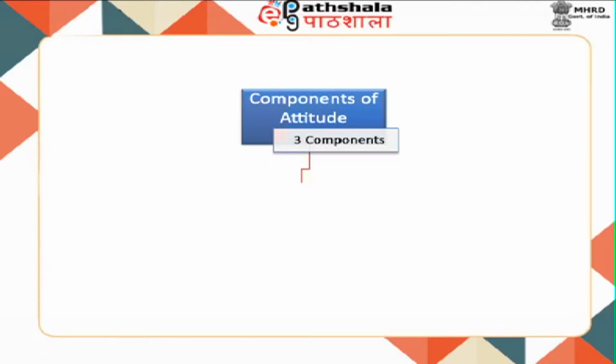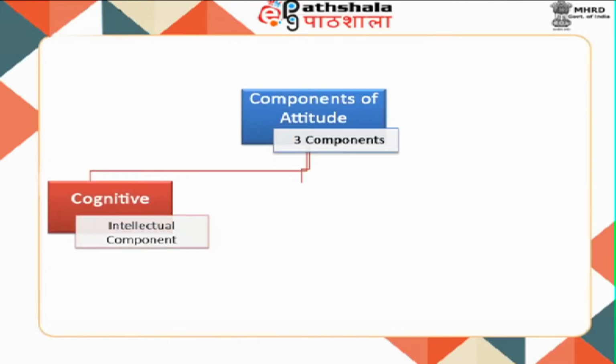Attitudes have been conceptualized and then classified as having three components. The cognitive or intellectual component of an attitude explains the belief of the employee towards a state of affairs in her or his organization.